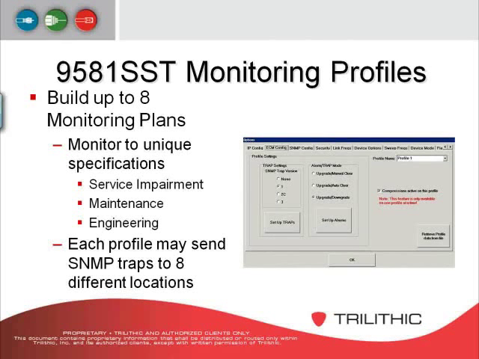So you can do it in stages, but at least you have the ability of seeing both: here's where my goal is, and here's how close I am to my goal. And each profile can send SNMP traps to 8 different locations. So these traps can not just go to here, but if there's different monitoring software, you could send those to different locations, and they could also be tracked separately.